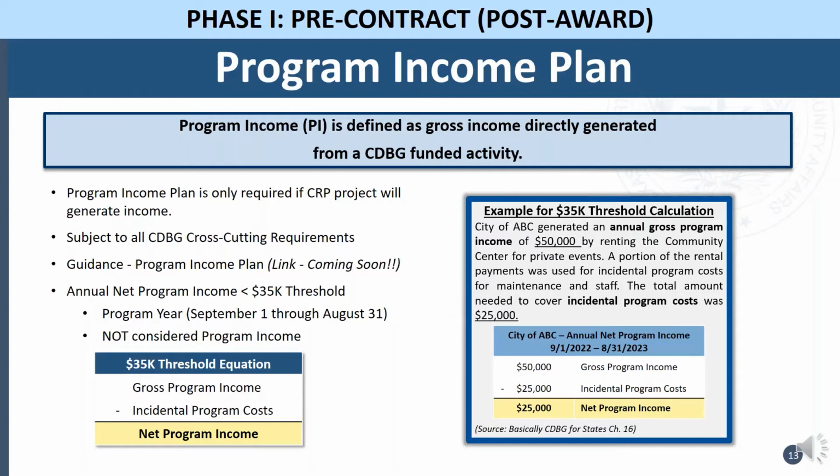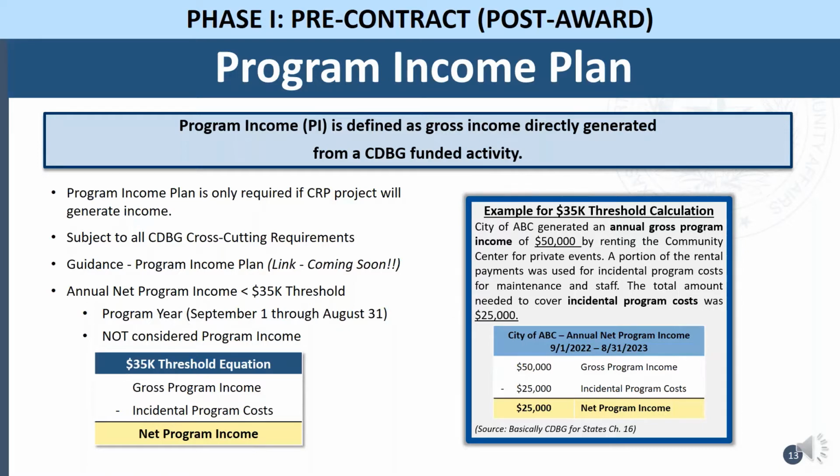Here you can see City of ABC generated an annual gross program income of $50,000 by renting it out for private events such as parties, anniversaries, what have you. A portion of those payments, though, went to incidental program costs for maintenance and staff. Therefore, their incidental program costs equal $25,000.